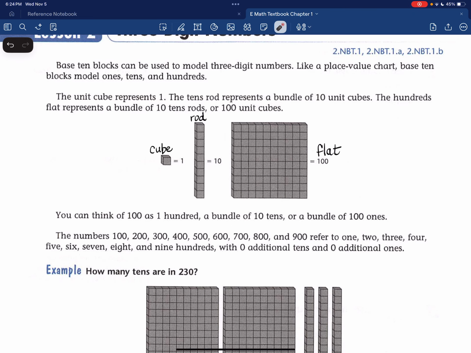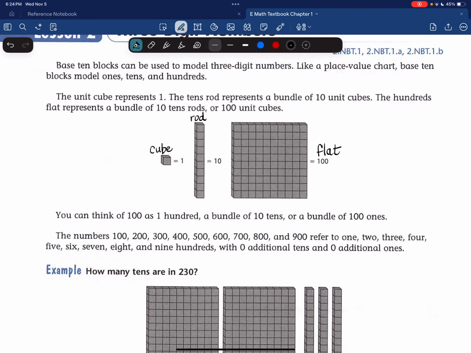The numbers 100, 200, 300, 400, 500, 600, 700, 800, and 900 refer to 1, 2, 3, 4, 5, 6, 7, 8, and 9 hundreds with 0 additional tens and 0 additional ones.